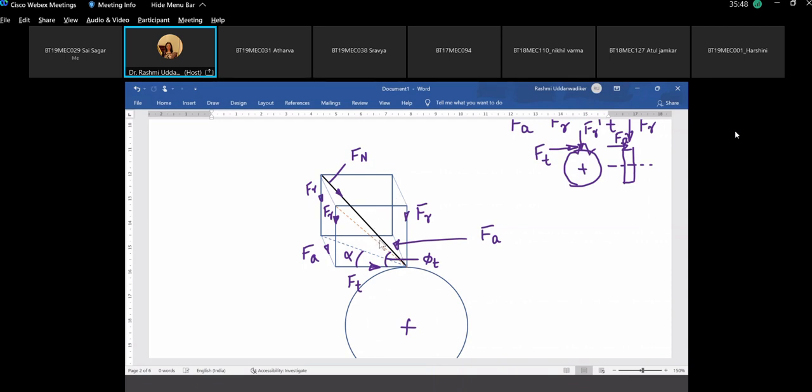which we'll be calling Fn. Can you tell me what will be the angle this Fn is making with the resultant of Fa and Ft? What will be this angle? Vaishnavi?